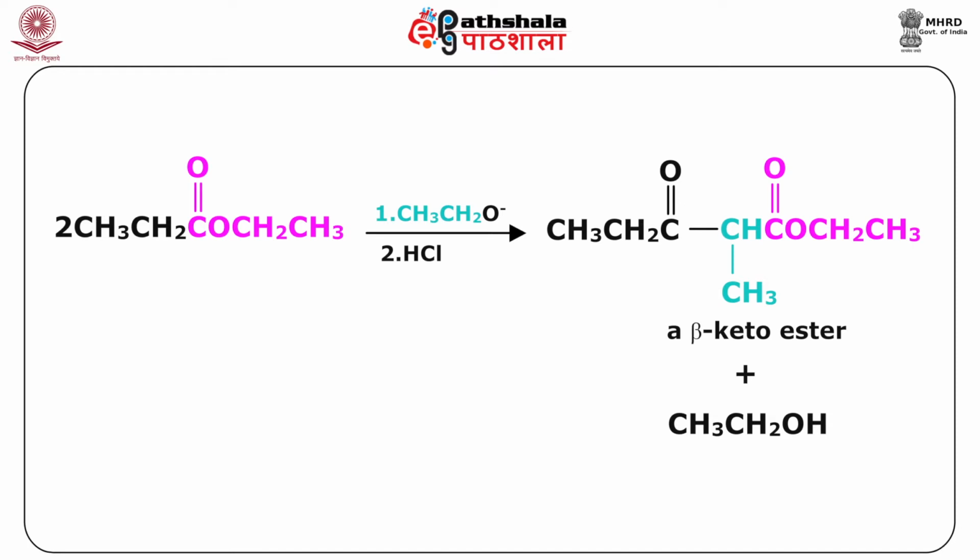And here you can also see another example of the Claisen condensation, where you have ethyl propanoate, but notice that this time the base used is ethoxide ion, because it is the same as the ethanol part of the ester, that is OCH2CH3, taken as the base, and later on after acidification you get this particular beta keto ester.